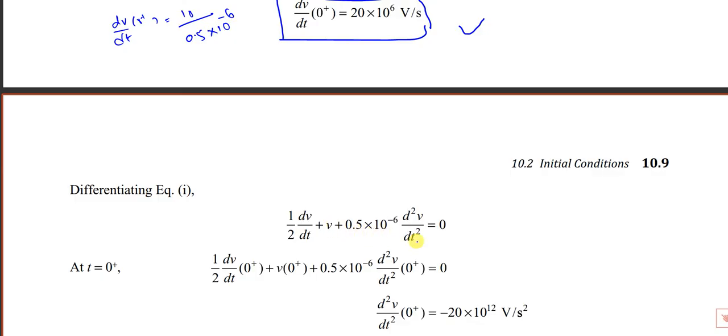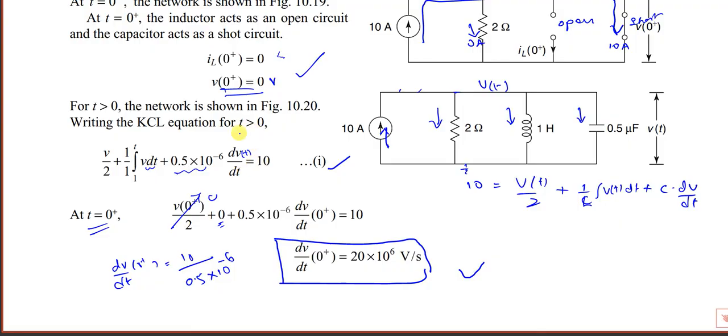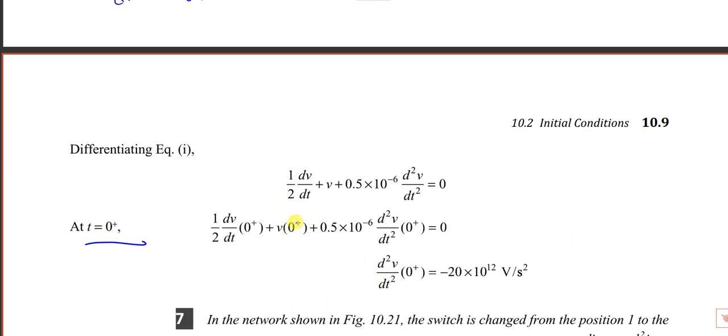C d²v by dt². Again substitute at t is equal to 0 plus: half dv by dt at the time t is equal to 0 plus, voltage at the time 0 plus, and d²v by dt² at t is equal to 0 plus. Now we already have v of 0 plus is 0, so this is 0.